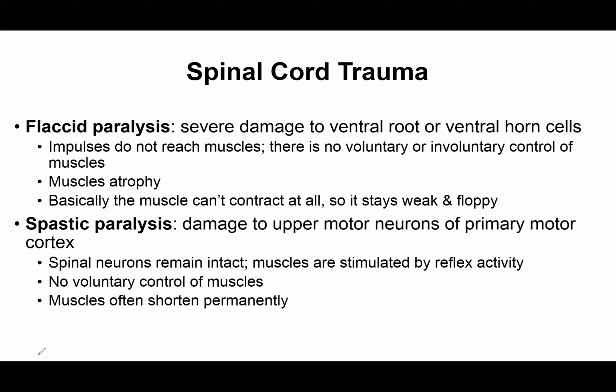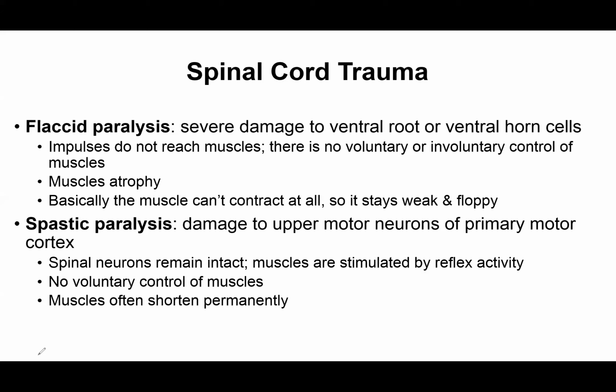So flaccid paralysis is when there is severe damage to either the ventral root or to the ventral horn cells, so at the level of the spinal cord. And so in flaccid paralysis, remember this is a motor problem, paralysis is, the impulses don't reach the muscles, and so because of this, we have no voluntary or involuntary control of the muscles.